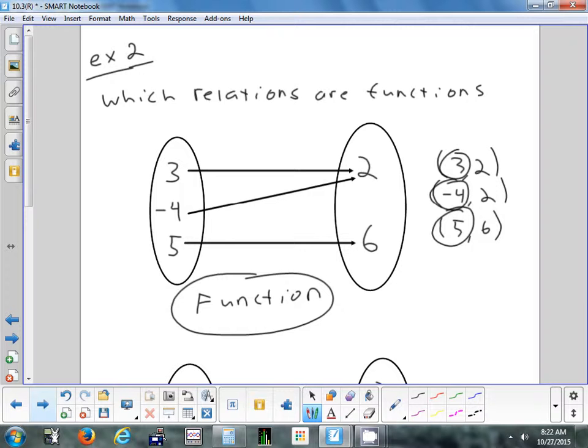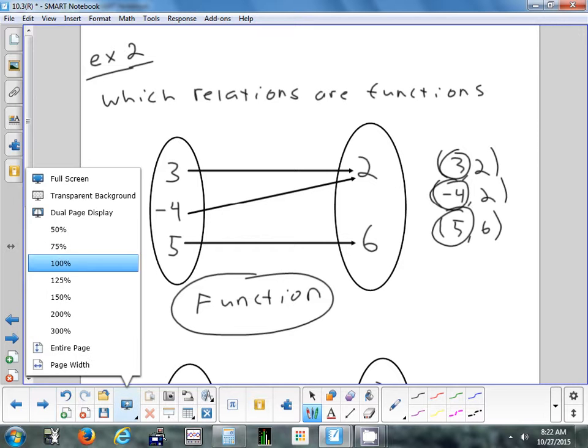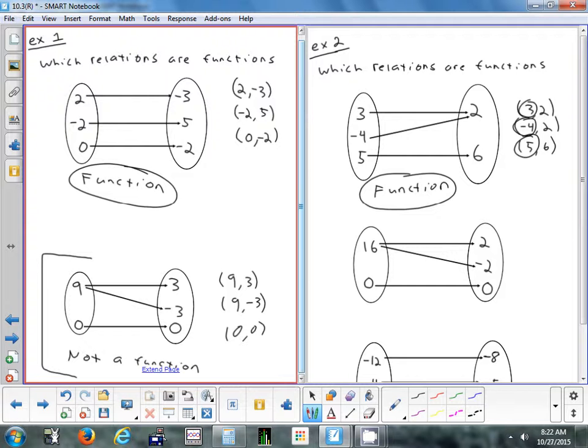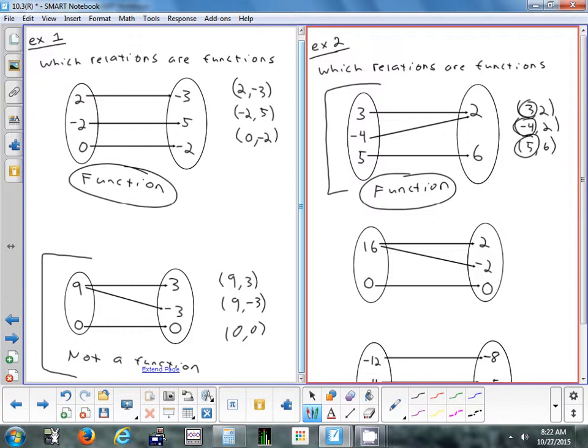So in this case, you got 2 different arrows, one at 3, one at -4, both going to the same number, that means something in the range is used twice. Everyone see the difference between this one, which has 2 arrows on the left going to 2 different numbers, versus this one? Okay, a little bit different. You got to look at it carefully.